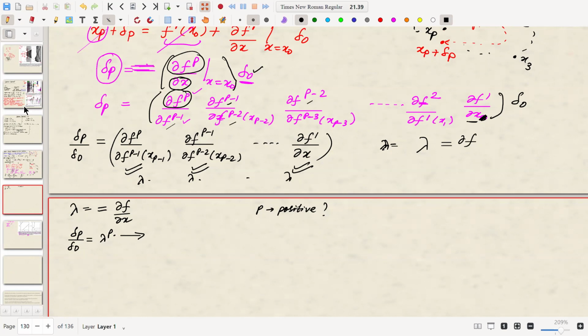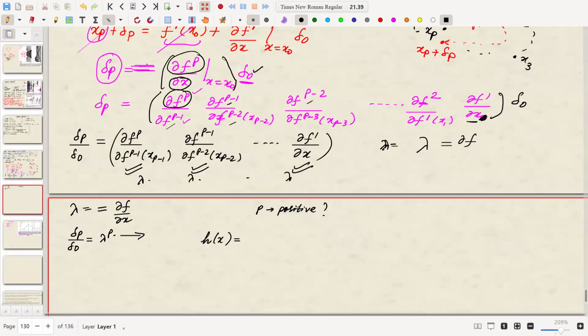Okay. So let me write this expression. Just I have it now here. So remember this quantity h of x. I'll not show you the derivation, but it is ln of lambda, and it is given as this quantity.